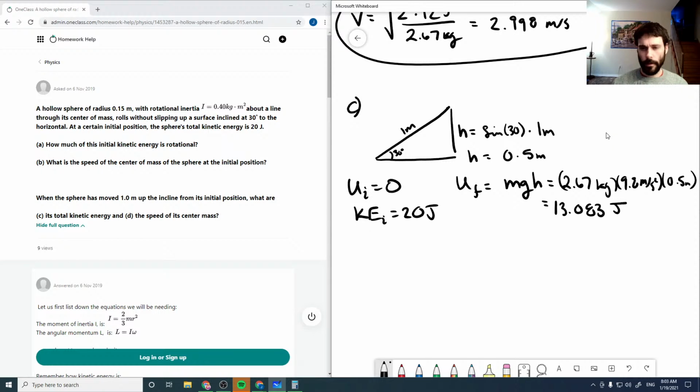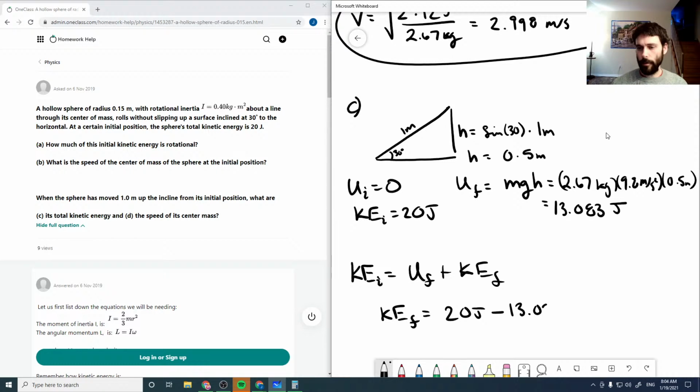And so then our kinetic energy initial has to equal our final potential plus our kinetic energy final. And so then our kinetic energy final must equal our 20 joules minus this value, which is equal to 6.93 joules.